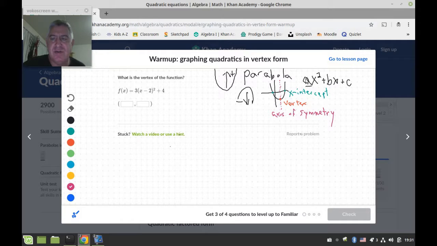Okay, so we've learned about working with these, and we worked in factored form, like x minus 2 times x plus 5. We're going to introduce a new form, and that new form is called vertex form.